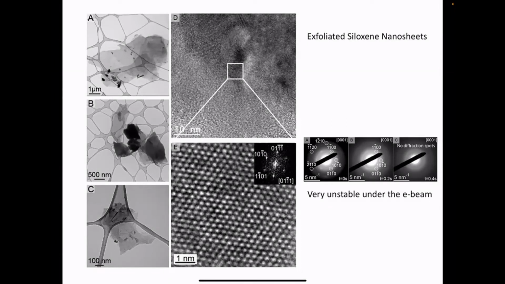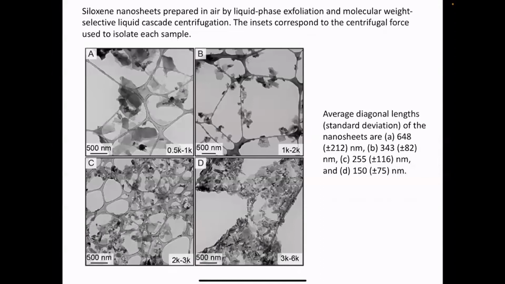We got it at Diamond in the UK, at very low accelerating voltage, and if you look at the crystallinity, as soon as you hit it with the beam, the material starts to become amorphous. So they're very beam sensitive materials.